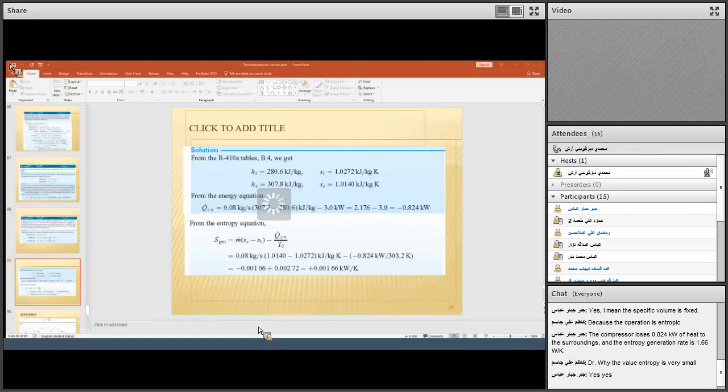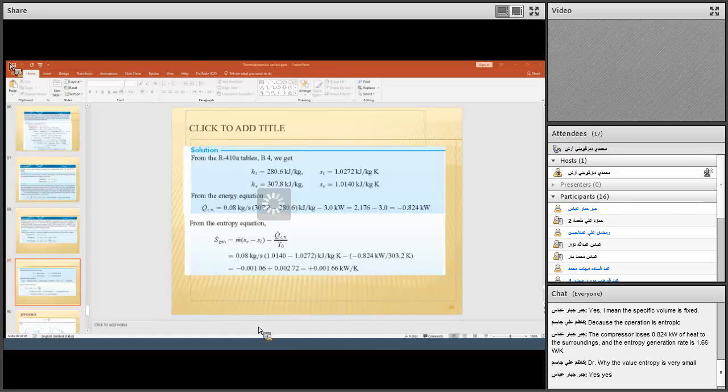If you want to know the actual dissipation, you should multiply this entropy generation by the temperature of the environment. So it goes up to a larger value for the heat transfer and dissipation.